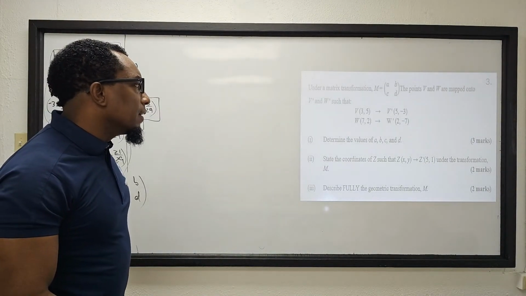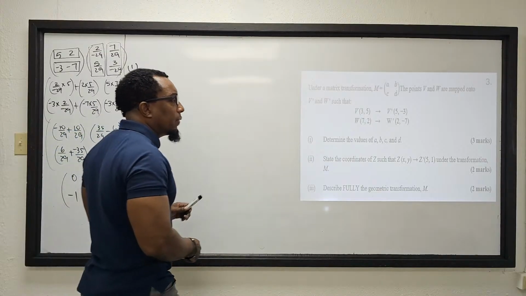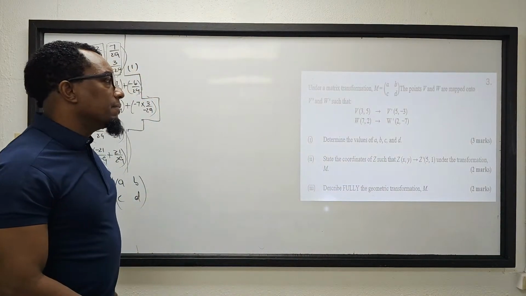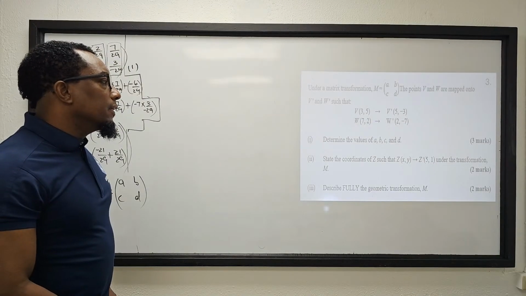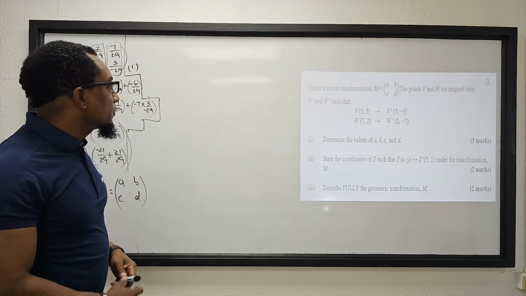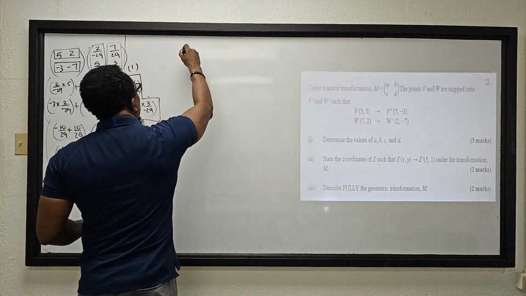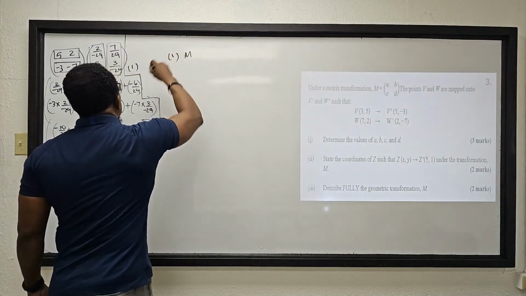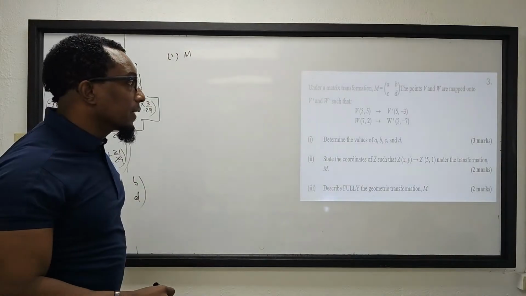So they want us to find the coordinates of Z, which is mapped onto Z prime under the transformation M. So this is part 2, and this was part 1, so some working to do there.